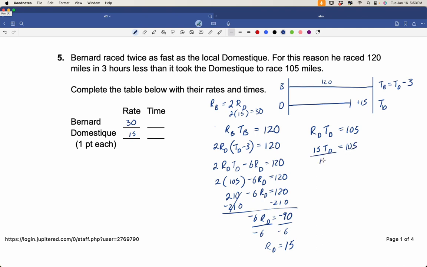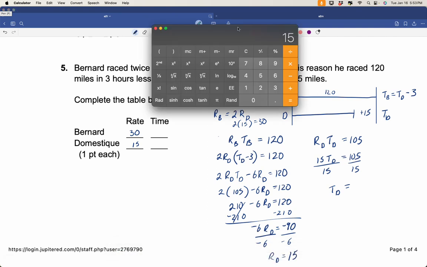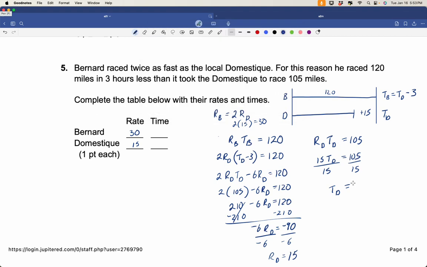So if I divide both by 15, the time of Domestique is going to be, I don't know, because my brain is all just old. All right, 7. So the time is 7 for Domestique.